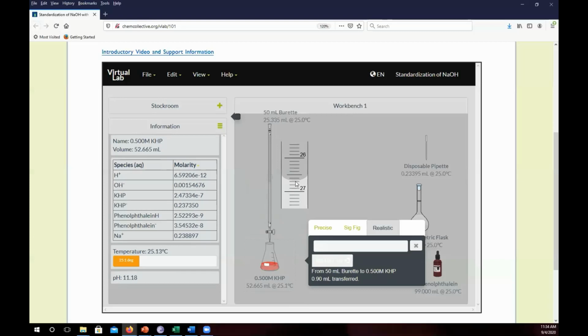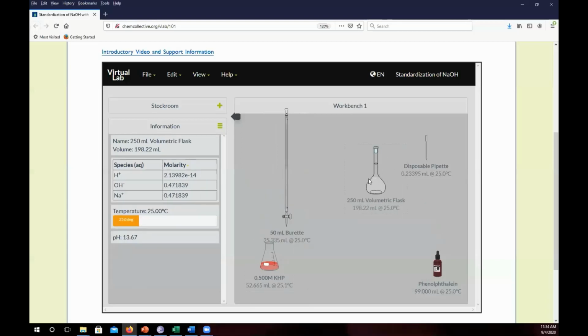Based on these two numbers, you can determine the molarity of your solution in the volumetric flask. The moles are being calculated from the KHP because it is a 1-to-1 ratio, and the volume is being determined from the burette.